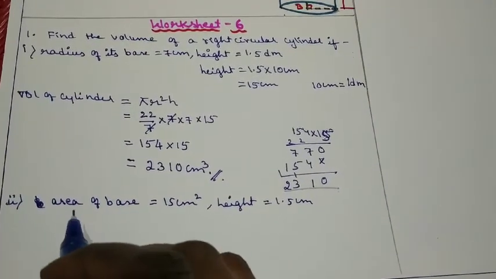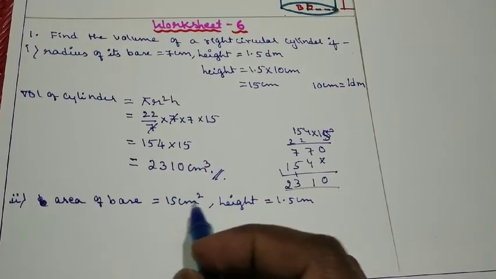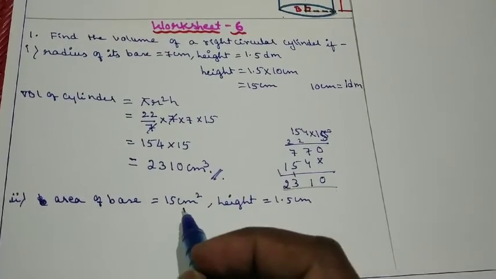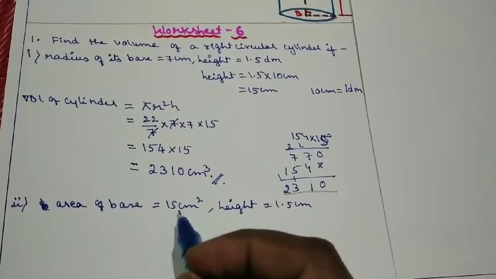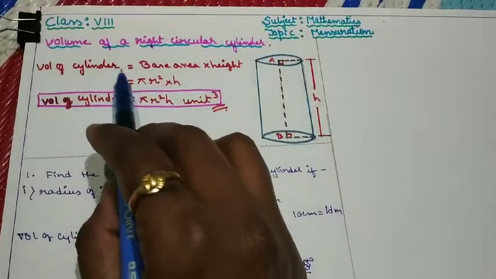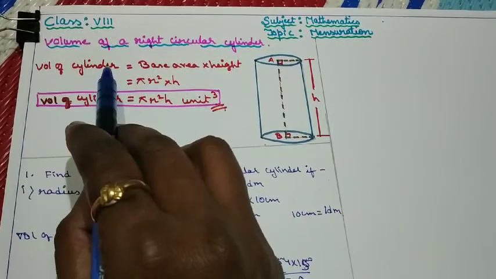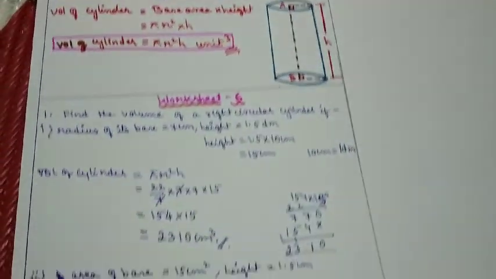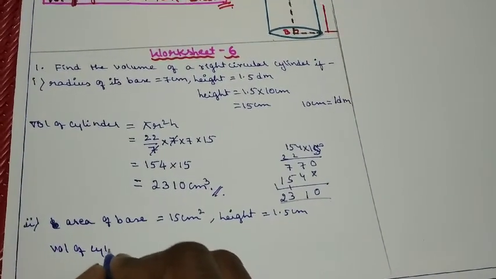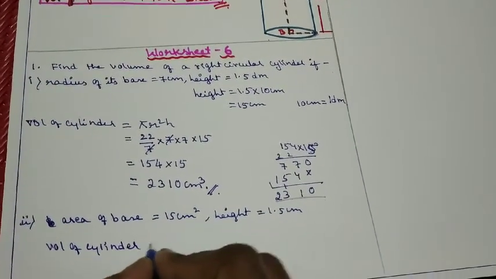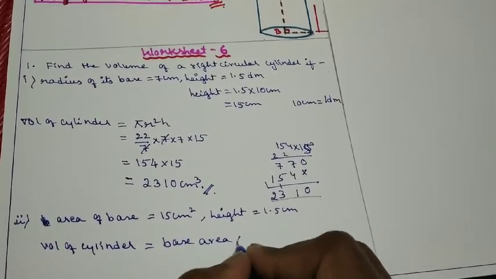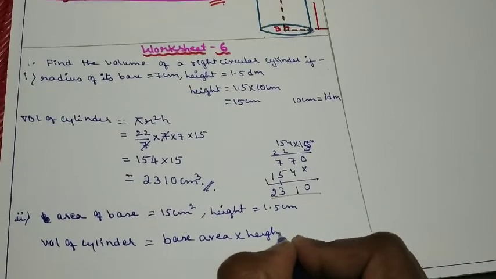Second question: area of base equals 154 centimeter square, height equals 1.5 centimeter. Both units are the same here, and since base area is given, we take the general concept for finding the volume of a solid, that is base area into height. So volume of cylinder equals base area into height.